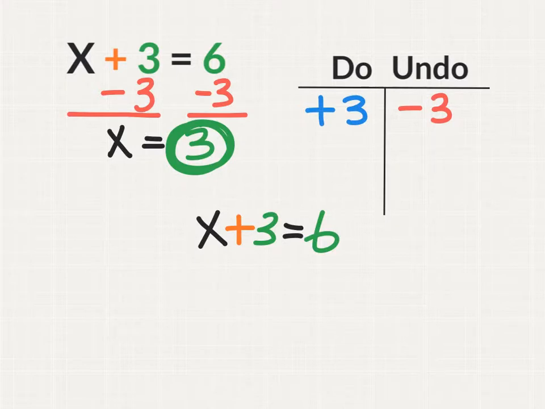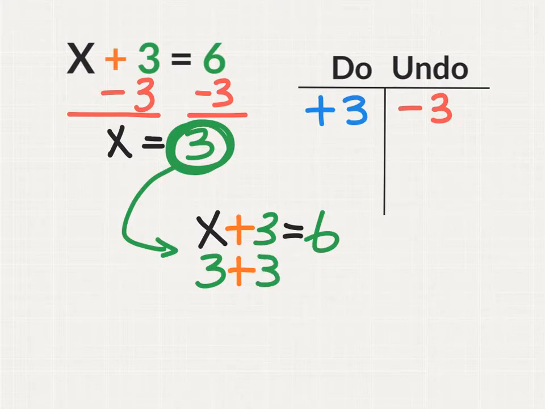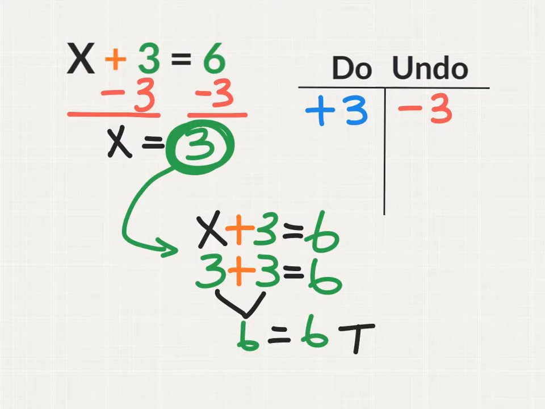So instead of x plus 3 equals 6, we take our solution of 3 and substitute that in place of the variable, which would give us an equation of 3 plus 3 equals 6. 3 plus 3 is 6, equals 6, and 6 equals 6 is true. When we get a true statement, we know that our solution is correct.